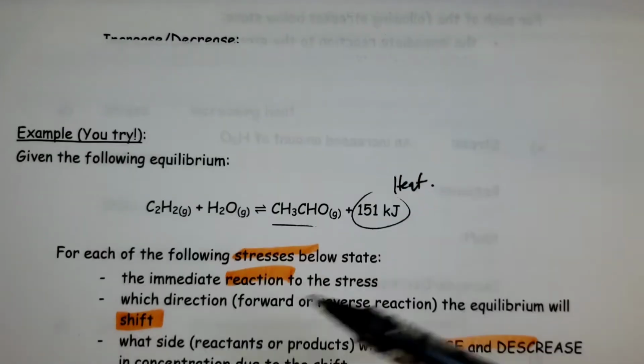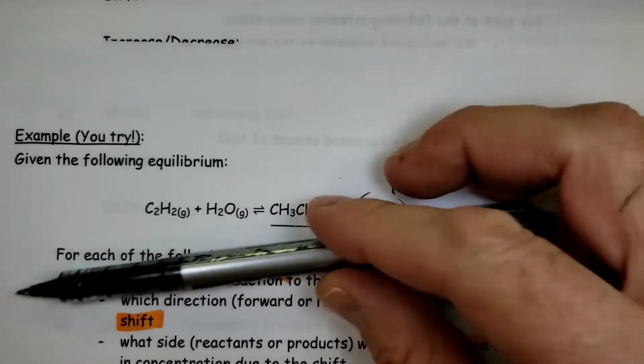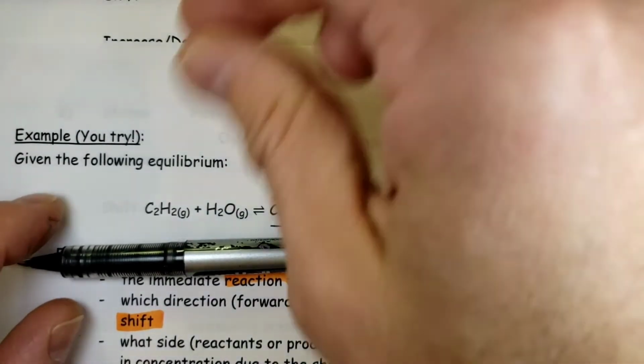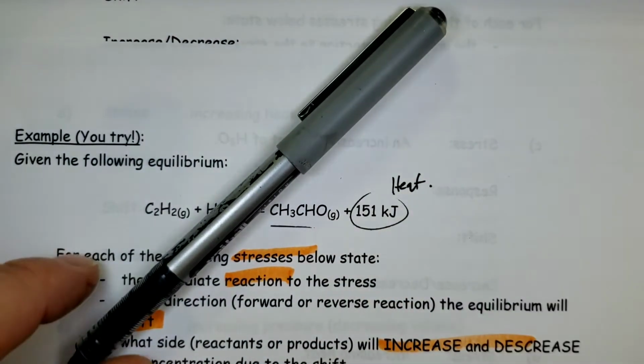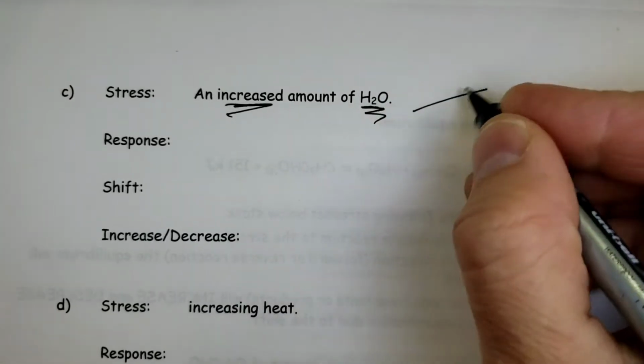So if we take a look at where we were, H2O is on the left-hand side. If I'm increasing it, adding more of it on here is going to get heavy on the left-hand side. So the teeter-totter will look like this.